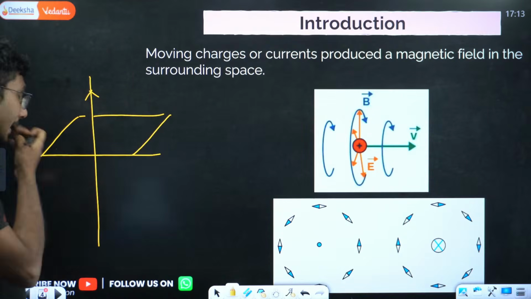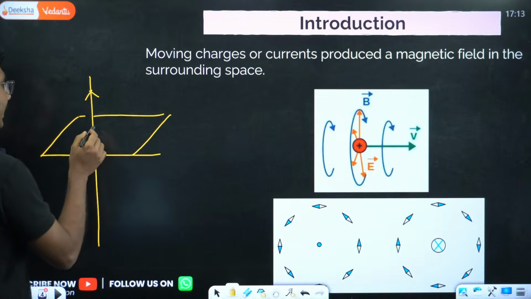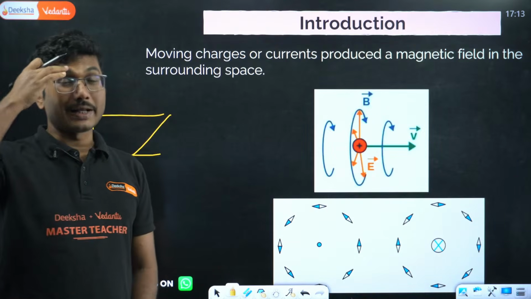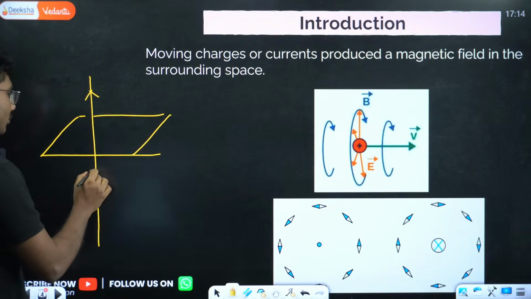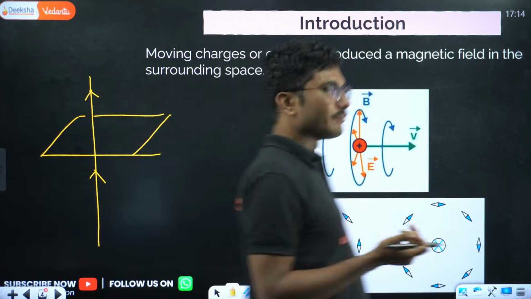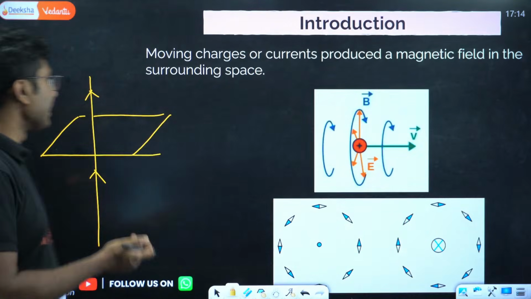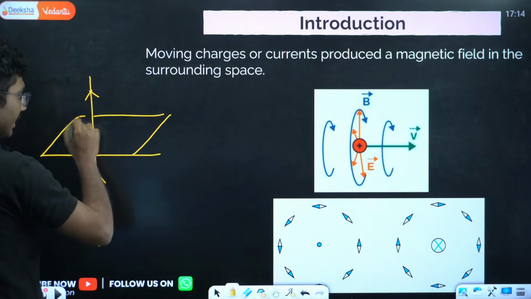You may have done this experiment in your class 10th, or maybe you have just studied it without doing the experiment. Actually, it was supposed to be demonstrated to you by the teacher. Most schools do not do that. Some of them nowadays show some videos, and some of them actually perform it. So here we had a current carrying wire connected to some battery, and there is a cardboard.